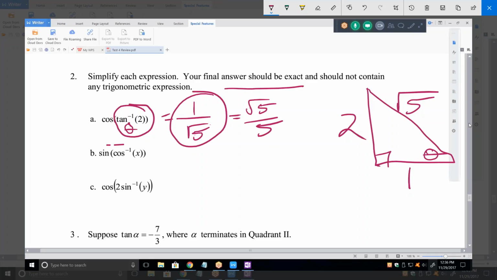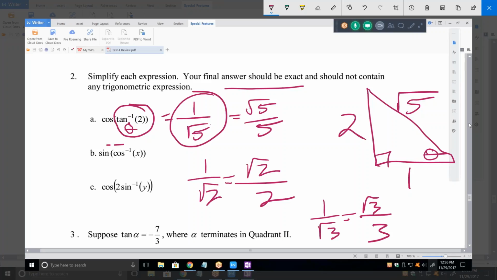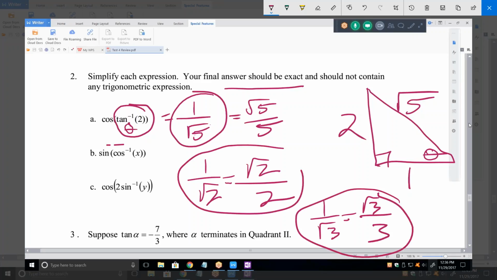1 over square root of 5 is square root of 5 over 5. 1 over square root of 2 is square root of 2 over 2. 1 over square root of 3 is square root of 3 over 3. These are all rationalized, meaning that I do not any longer have an irrational denominator. But trig doesn't care about that so much.